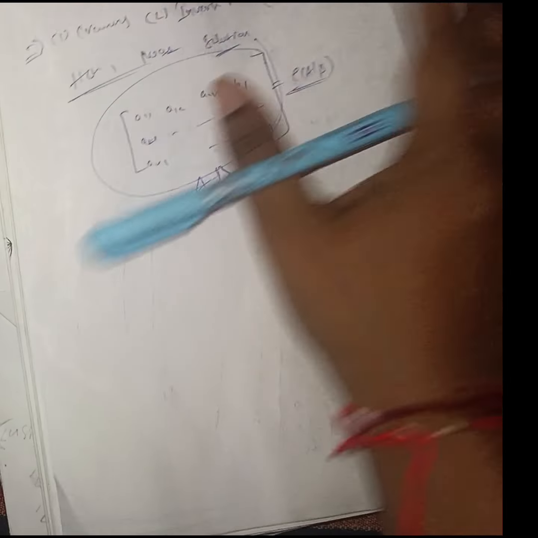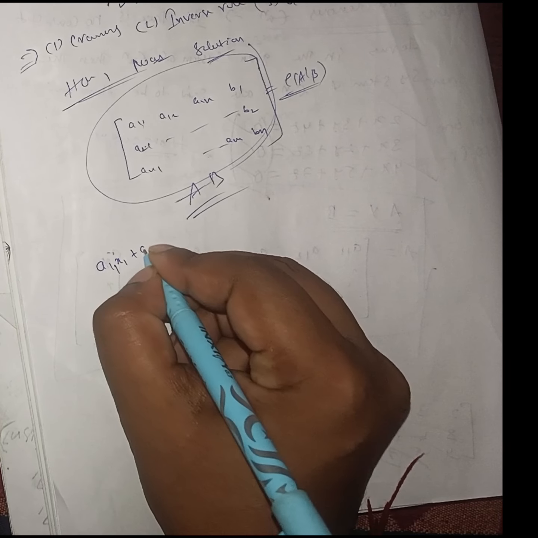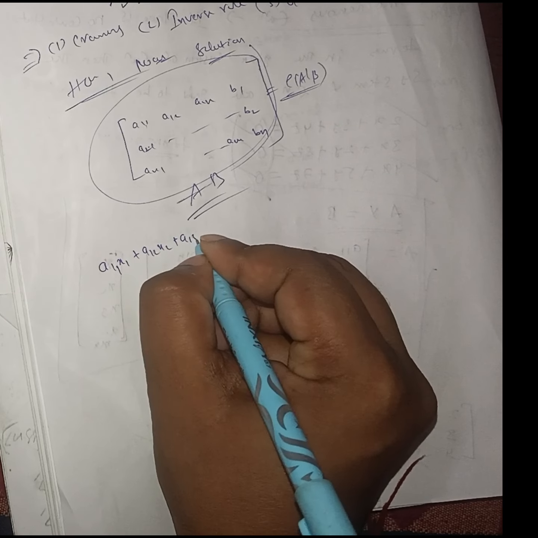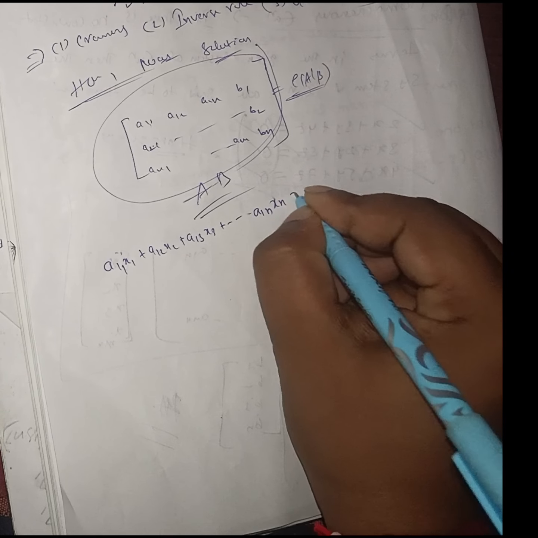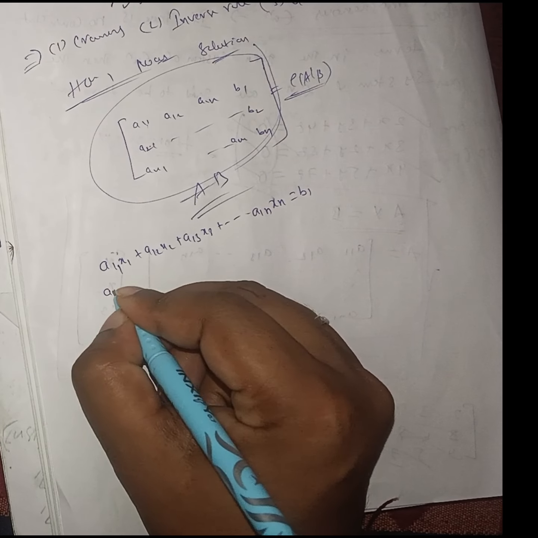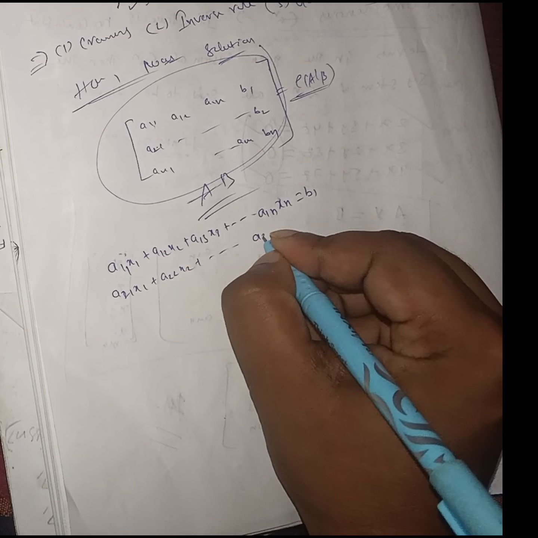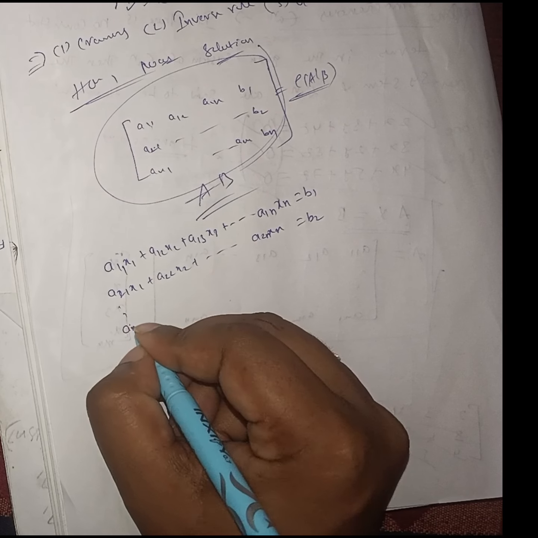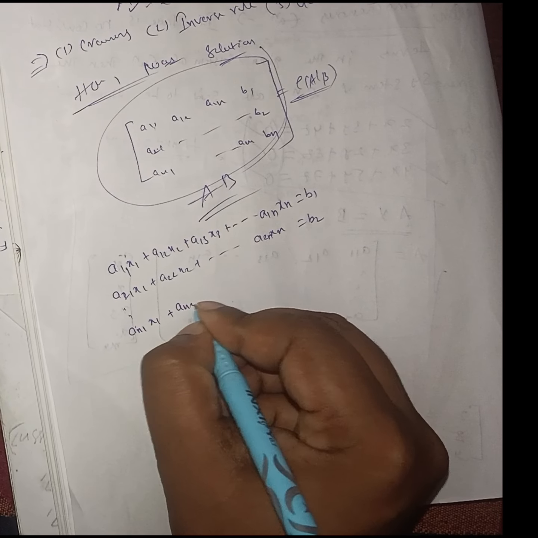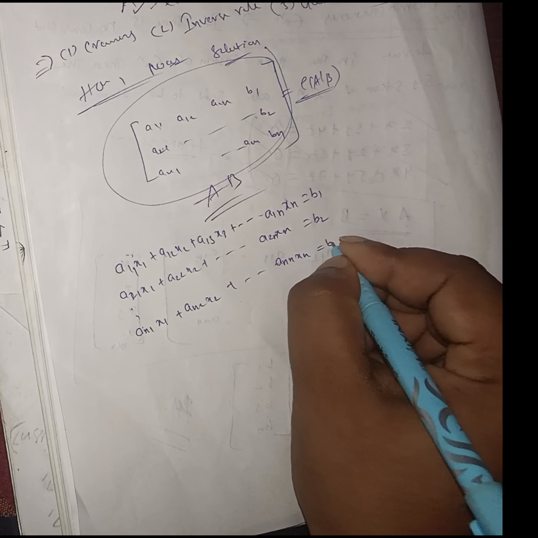Let me take one more page to understand clearly. a11 x1 plus a12 x2 plus a13 x3 and so on, a1n xn is equal to b1; a21 x1 plus a22 x2 and so on, a2n xn is equal to b2; and so on, an1 x1 plus an2 x2 and so on, ann xn is equal to bn.